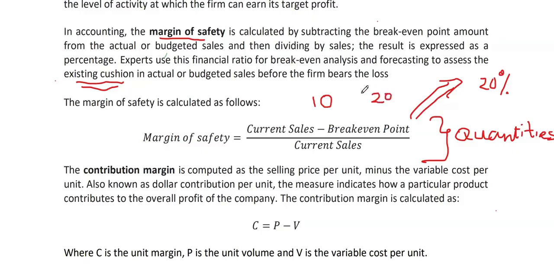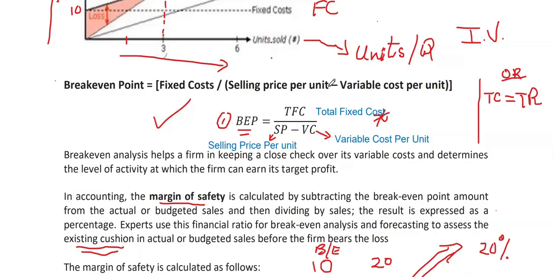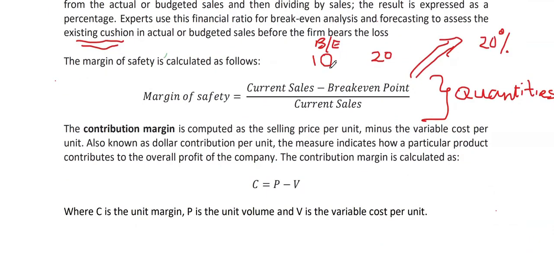From applying this formula, you know that the break-even quantity is 10, which means if you sell 10 units, you're not going to make a profit, but you're not going to make a loss either.